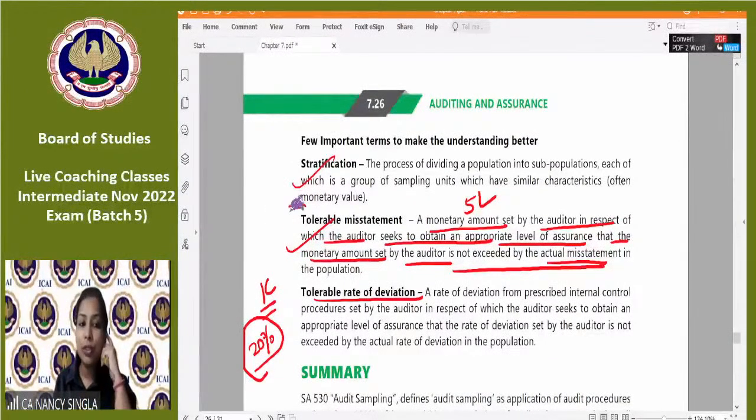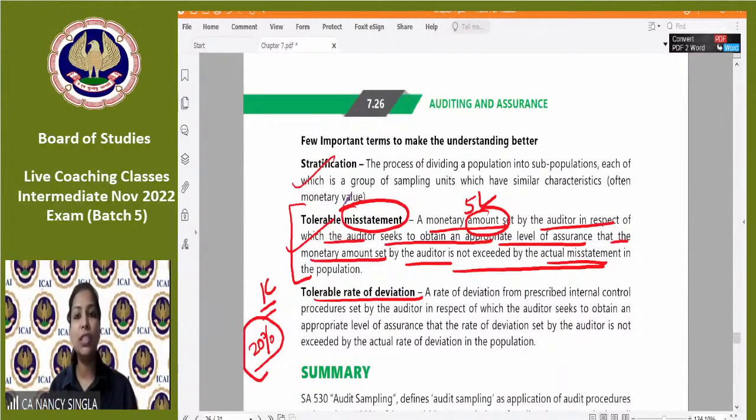Here, since it is an amount, I am telling you about misstatement: out of 10,000 rupees of vouchers, sales invoices, there is a mistake of 500 rupees. So I will project it on the entire population. However, tolerable rate of deviation in internal control does not involve an amount. I'll say there is a 20% rate of deviation, so what is in the sample will be there in the population also. So there is no need to do any further calculation to project it.